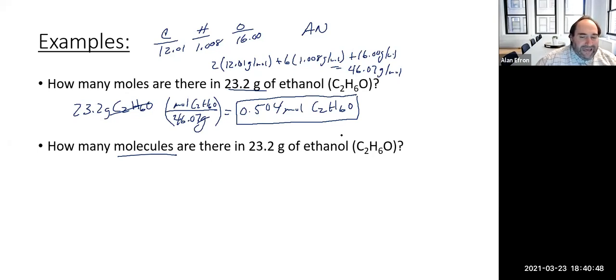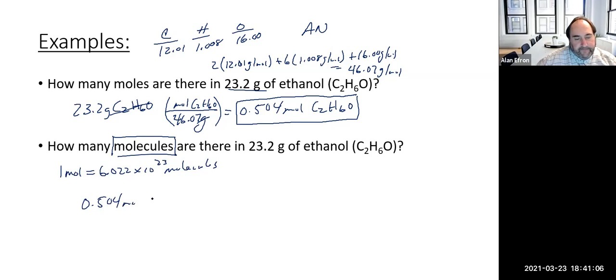At this point, we now have it in moles, so we can use our Avogadro's relationship that 1 mole is equal to 6.022 times 10 to the 23 molecules in this case. So continuing on with our calculation here, we are going to multiply by Avogadro's number.